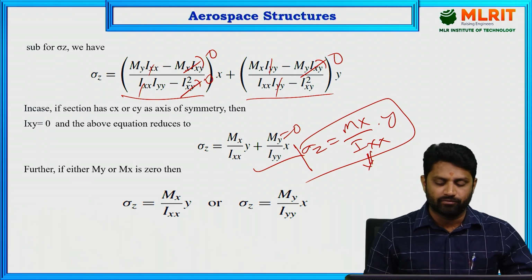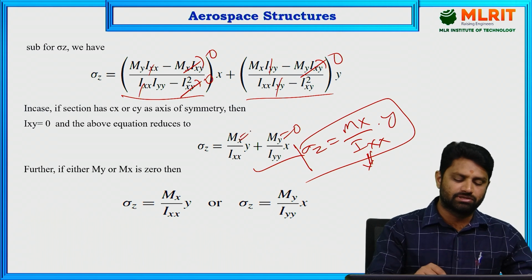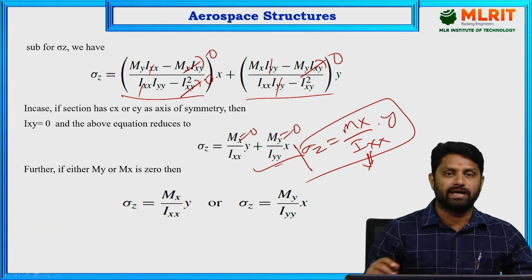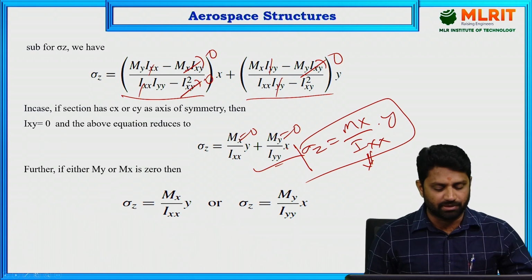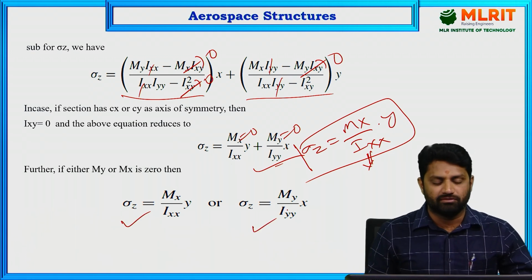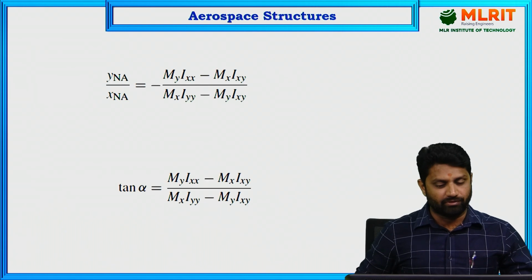If you substitute mx equal to 0, you are left with only my by Iyy into x. So sigma z can have two forms depending upon the values of mx and my.